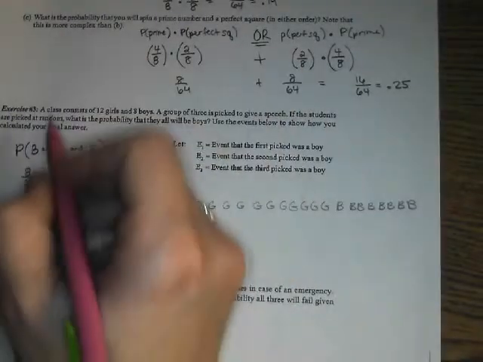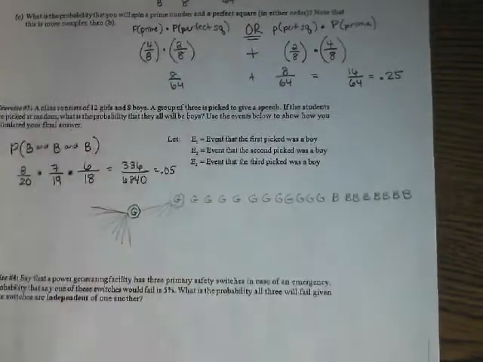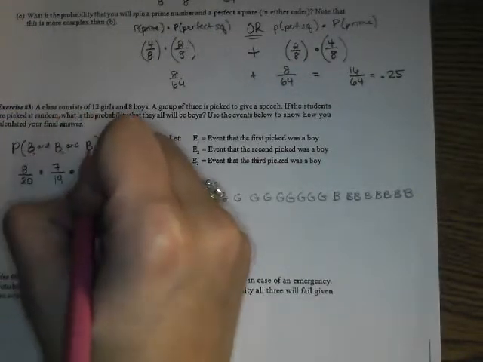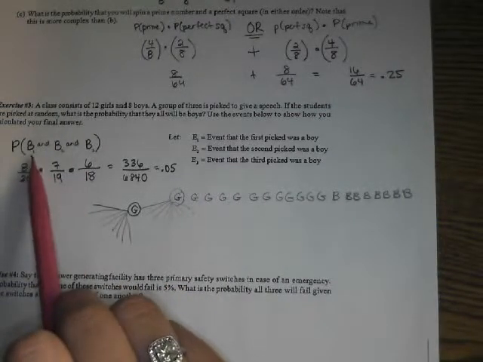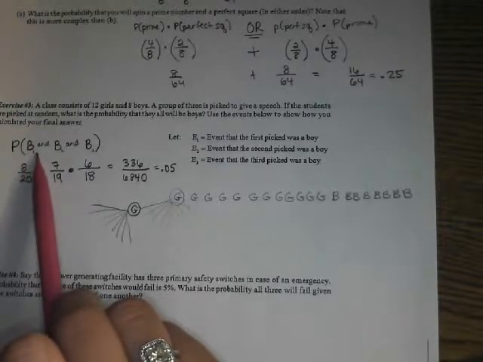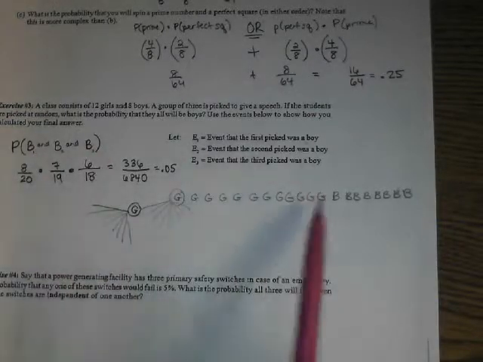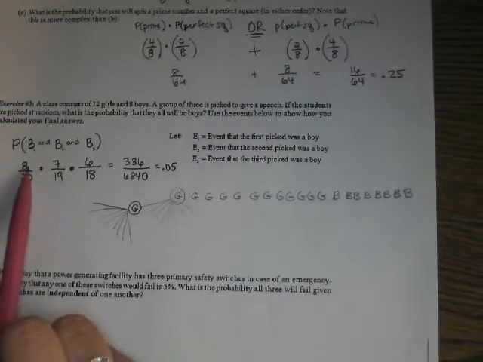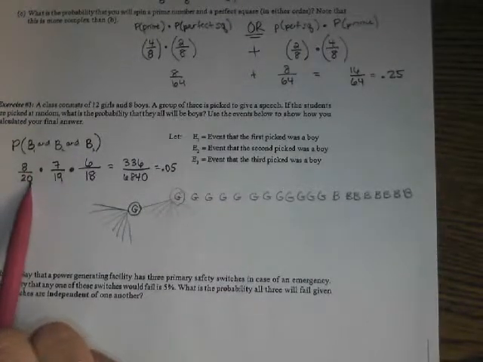Now, the one thing I'm thinking here, though, is, did I consider the fact that the order does not matter? Like, let's say this might particularly be boy 1, boy 2, boy 3. But I didn't specify that it had to be specifically boy number 1, did I? Because if it was specifically boy number 1, I only would have had 1 out of 20 chances of that happening. Do you follow?